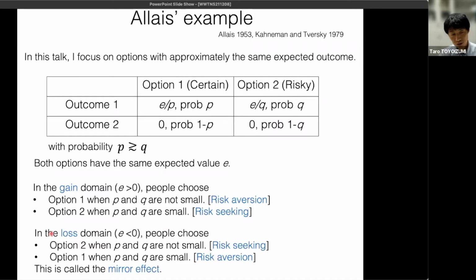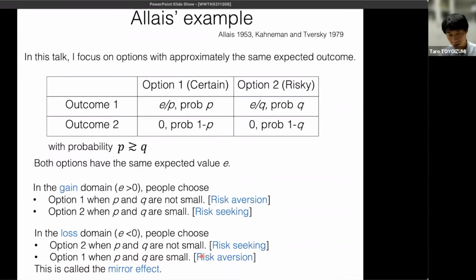It's also known that in the loss domain, people typically choose option 2 unless P and Q are small. So in the loss domain, people are basically risk-seeking. But if P and Q are reduced by the same factor, then people start to choose option 1, which is more risk-averse.